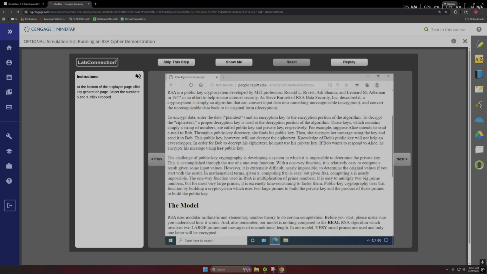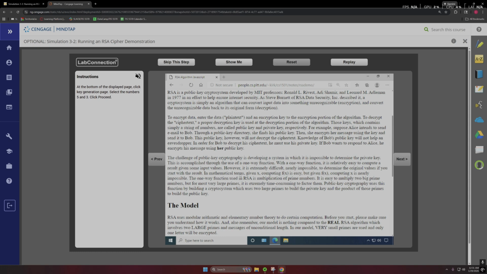The challenge of public key cryptography is developing a system in which it is impossible to determine the private key. This is accomplished through the use of a one-way function. With a one-way function, it is relatively easy to compute a result given some input values. However, it is extremely difficult and nearly impossible to determine the original values if you start with the result.